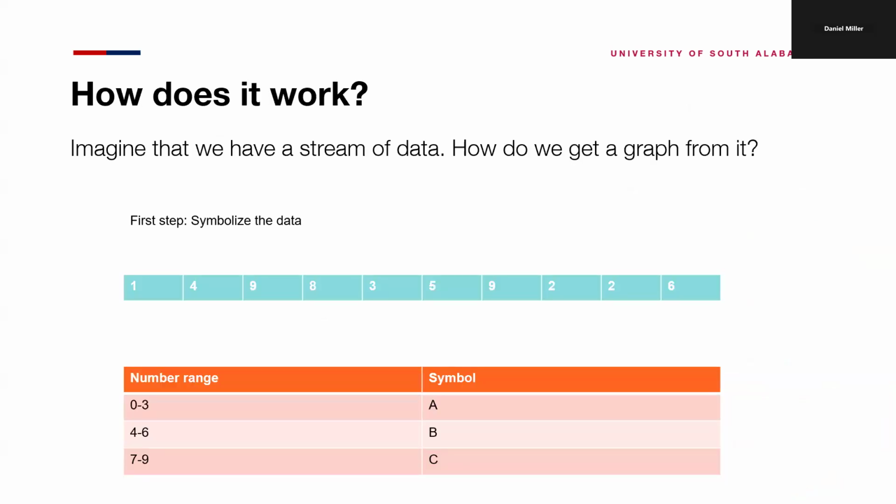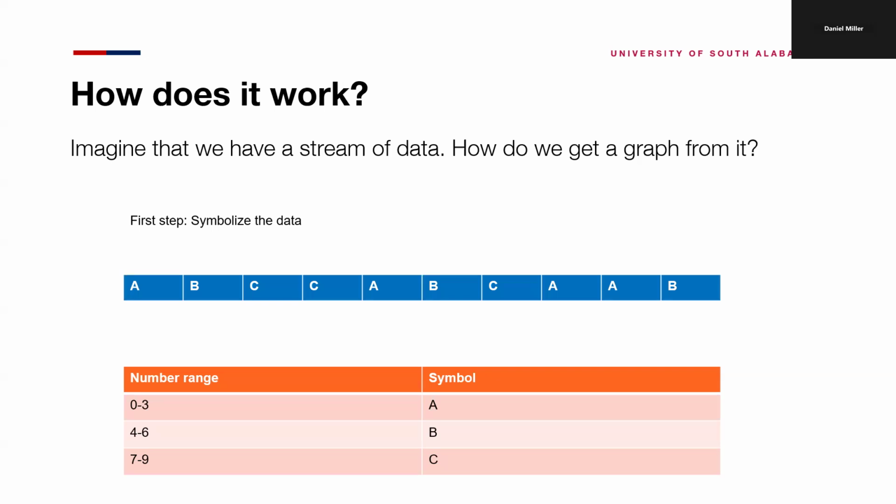Just a very rough overview of how it works: imagine this is our time series data right here. It can be readings from a sensor or something. This is our symbol table. We are going to decide buckets and assign them symbols. First step is to symbolize the data. Again, just an example.